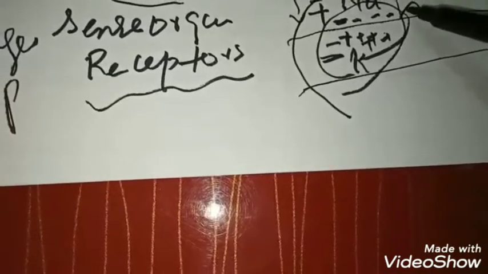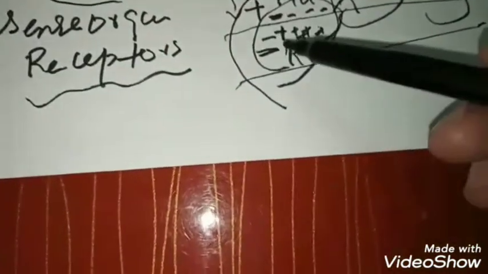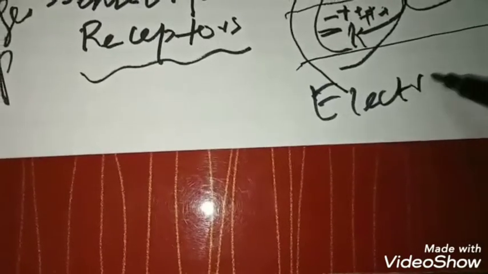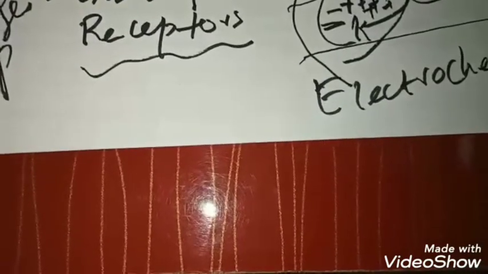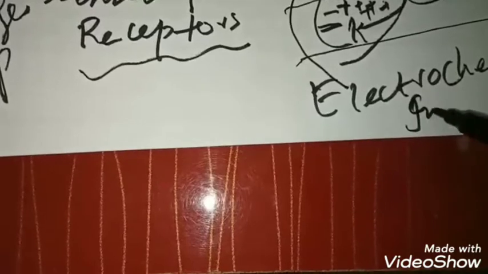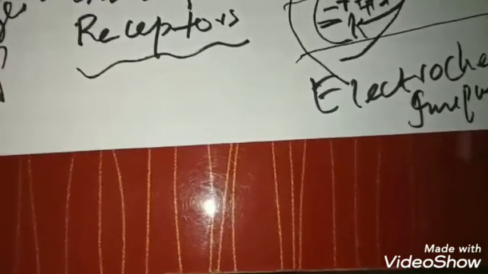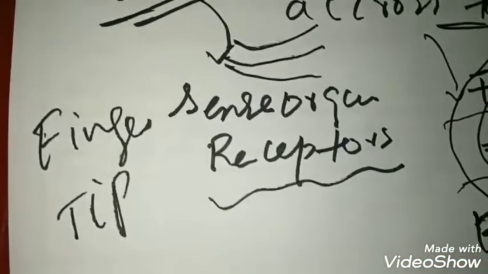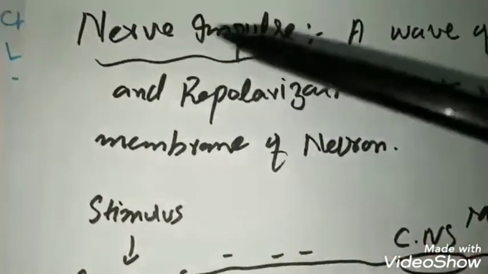Now this happens in the next patch, and in the another patch, and in this way an impulse of polarization and depolarization moves. This is called an electrochemical impulse, or nerve impulse.